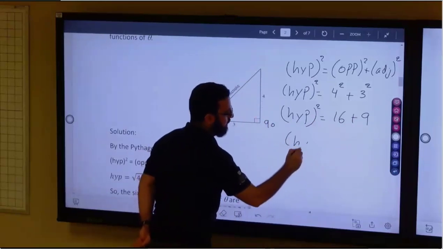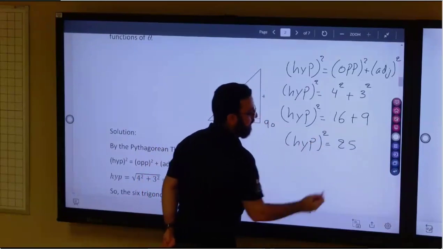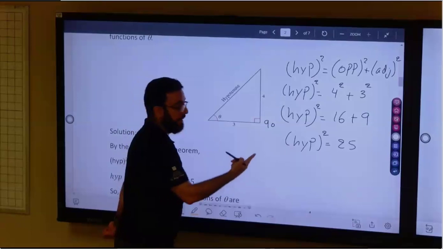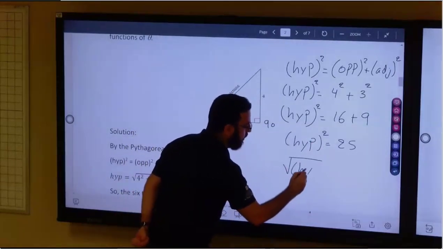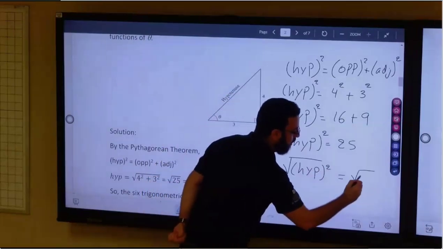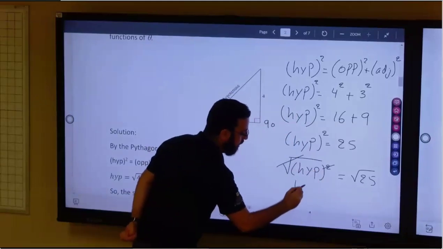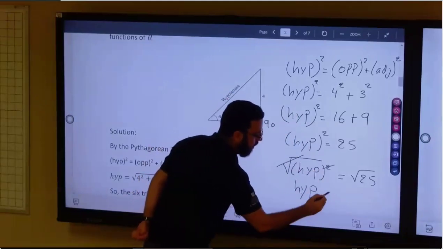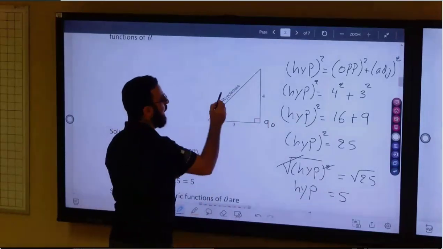So the hypotenuse squared equals 25. I need to find not the square, so I'm going to take the square root of both sides. The square root of this one, so the left side equals 5.